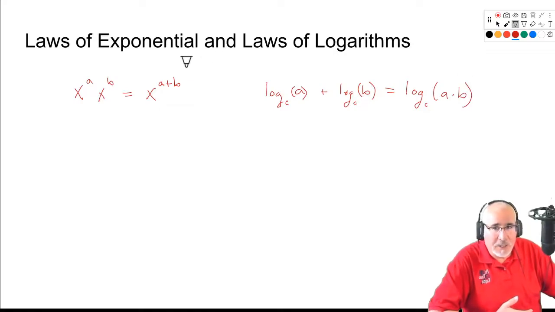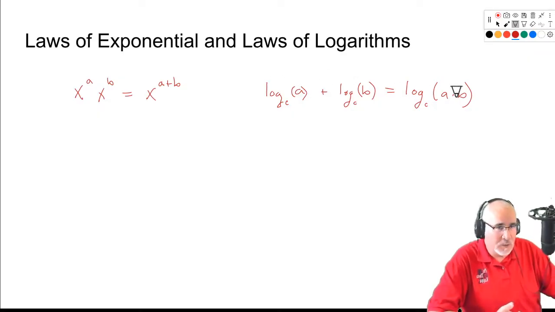So notice over here the pluses happen inside, the multiplication sort of happens separately out there, and this is sort of the inverse. We have two separate logs being added, gives us one log of multiplication.